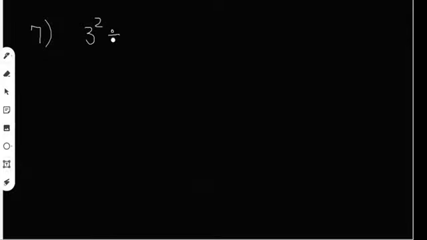We're going to do 3 squared divided by 3 plus 2 squared times 7 minus, in parentheses, 20 divided by 5, squared.